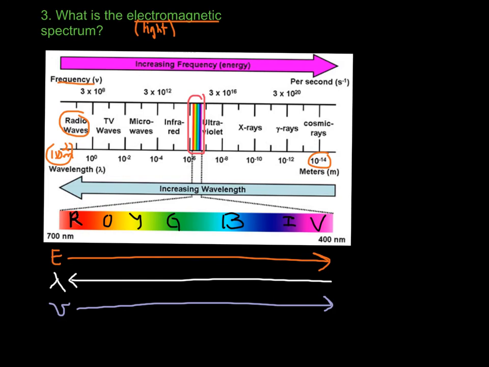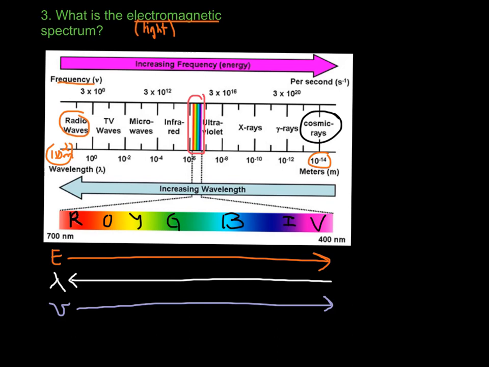So Roy G. Biv is your range of visible light, and then beyond that you have ultraviolet, X-rays, gamma rays, and then the worst, cosmic rays, which I don't think we have to worry too much about here on planet Earth.